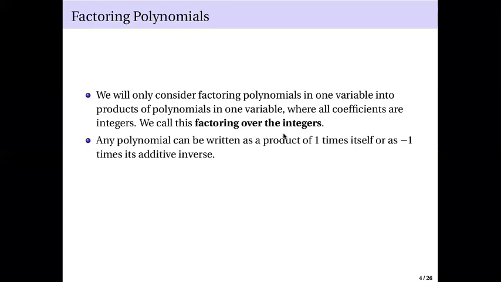Now, of course, if you have a number, you multiply it by 1 and negative 1, you'll just get the number or the negative of that number. So any polynomial can be written as a product of 1 times itself or negative 1 times itself.